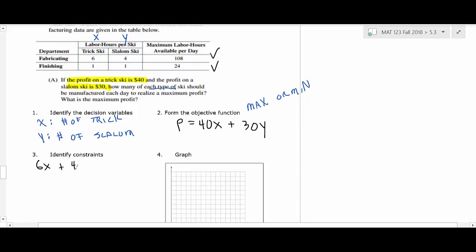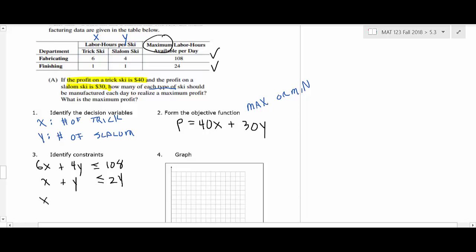What that means is every slalom ski requires 4 hours of labor to put it together, fabricating the materials. And the constraint is that's a maximum number of labor hours, so that's less than or equal to 108. Okay, like that. The second row is the same thing. It would be 1x plus 1y less than or equal to 24. And then you have these things.